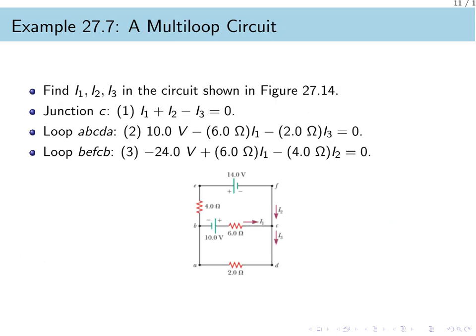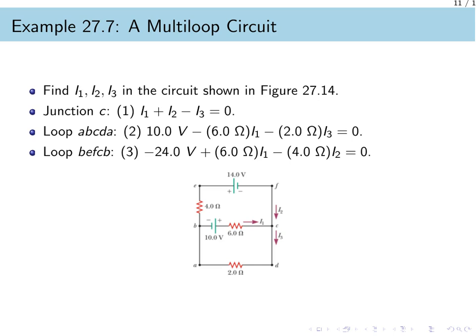In example 27.7, we analyze a multi-loop circuit to find 3 unknown currents. We start at junction C and apply the junction rule. I1 plus I2 minus I3 equals 0. Next, we choose 2 independent loops to traverse clockwise.